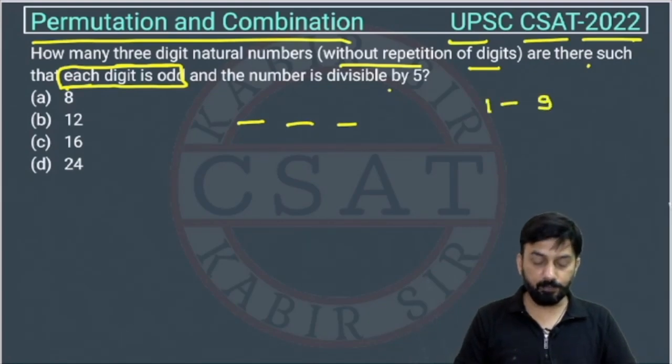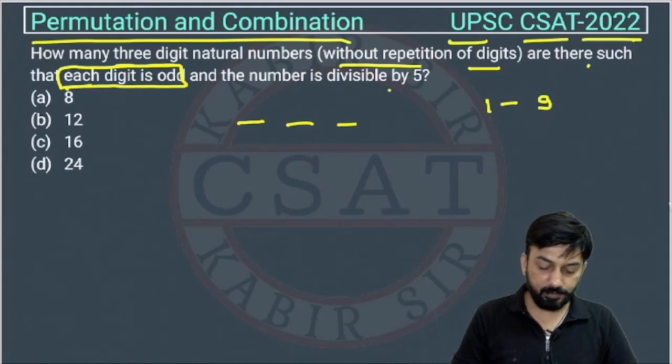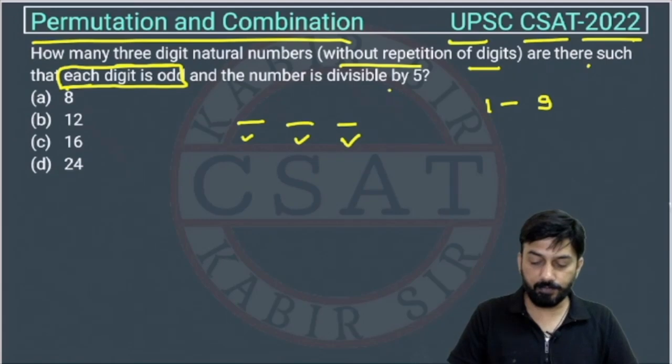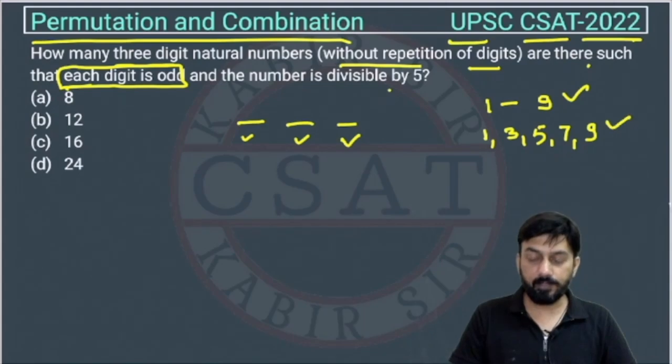Okay. Then one more condition is given, that each digit is odd, right? So each digit, this digit and this digit, should be odd, right? So we have to consider only odd digits. So the odd digits are 1, 3, 5, 7 and 9, right? So out of 1 to 9, the odd digits are only this many.